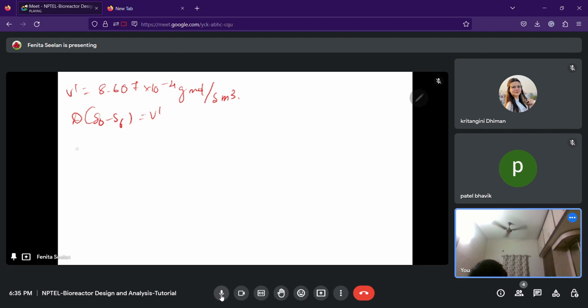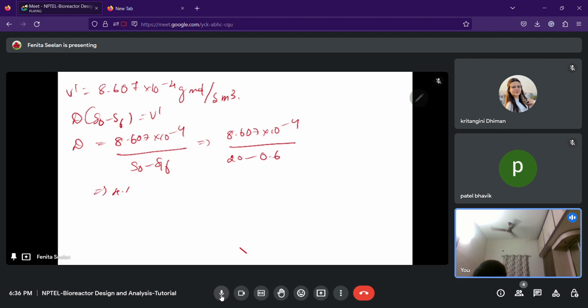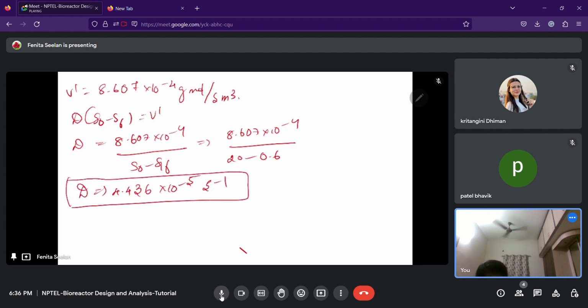So D is 8.607 into 10 power minus 4 divided by S0 minus Sf, which is 8.607 into 10 power minus 4 divided by 20 minus 0.6, which is 0.4 something into 10 power minus 5 second inverse. This is your D. So you have just found the value of D, which is your dilution rate.